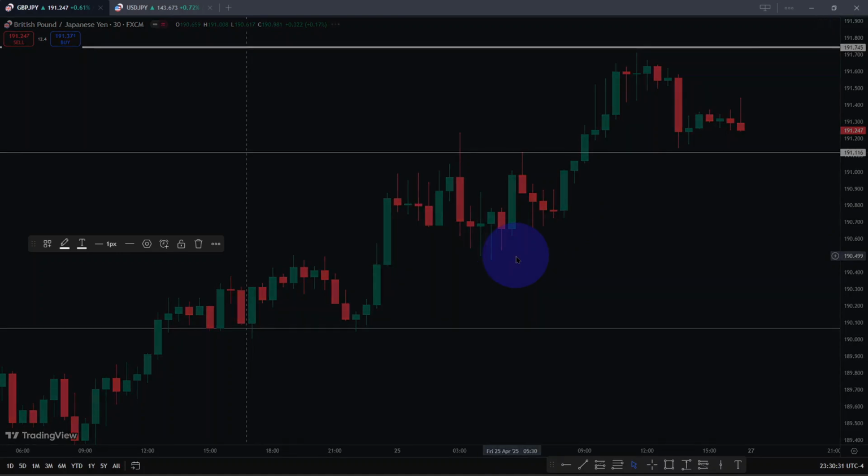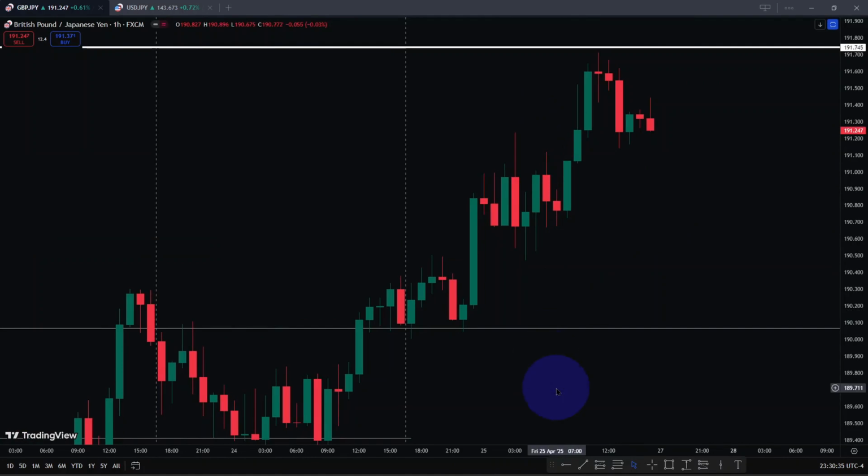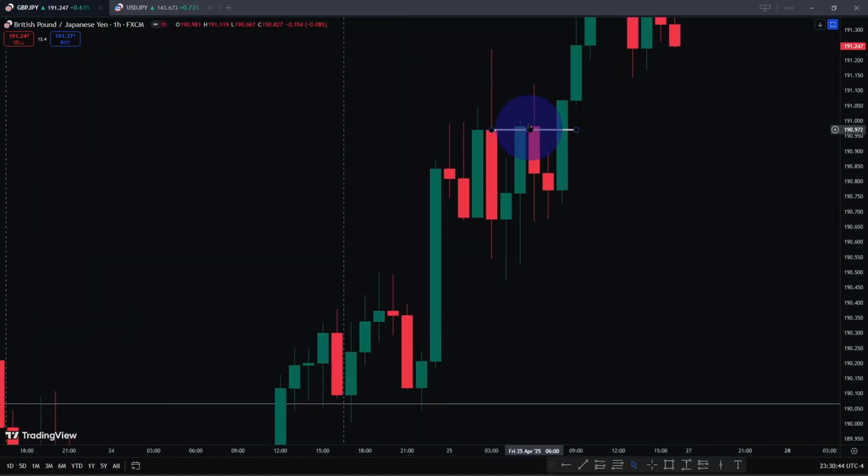If you check the 60 minutes time frame, you can see this down candle here. If you extend it, you can see this candle closed at the open of this candle. That's a change in state in delivery, meaning the hourly time frame has realigned itself with the daily bias.